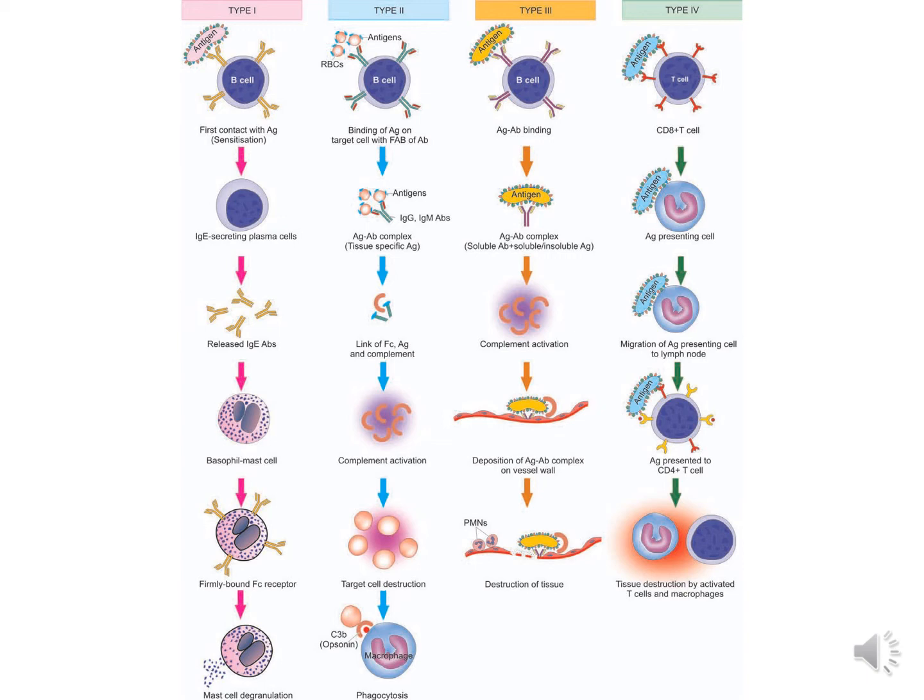The fourth type of the reaction, when antigen creates the complex with T cells, we see the antigen presenting cells involved, then migration of antigen presenting cells to the lymph nodes, then antigen presented to CD4 T cells, and we see tissue destruction by activated T cells and macrophages.